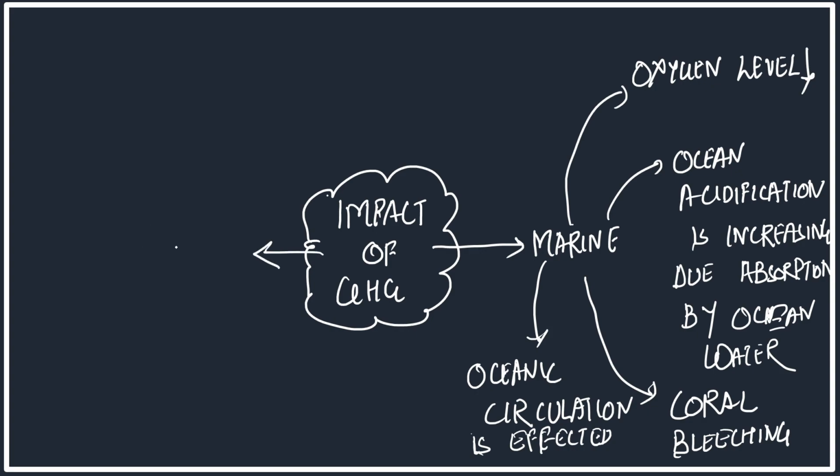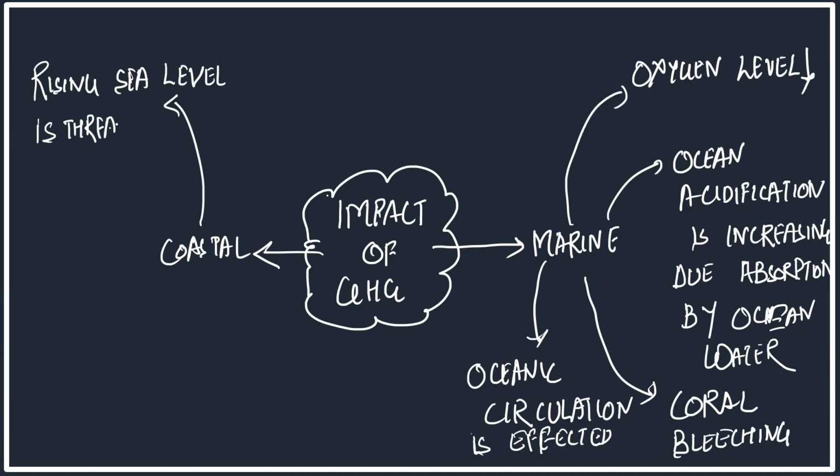Now, on the coastal front, what is happening? So we all know that rising sea level is threatening the coastal population. So those who are living near the coast, like the island nations, Mauritius, Maldives, these countries, the rising sea level is affecting their economy because their land is getting under the water.